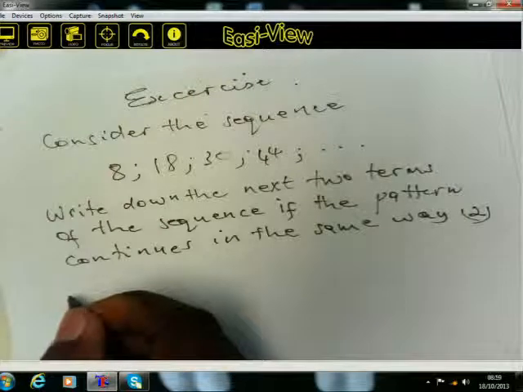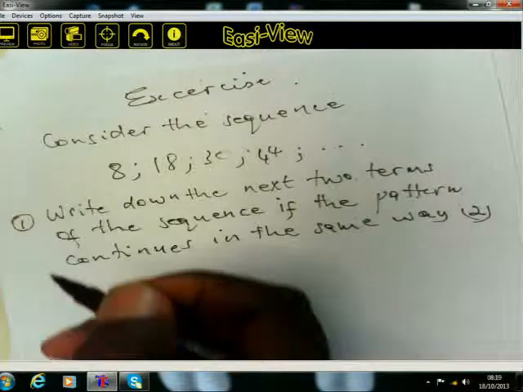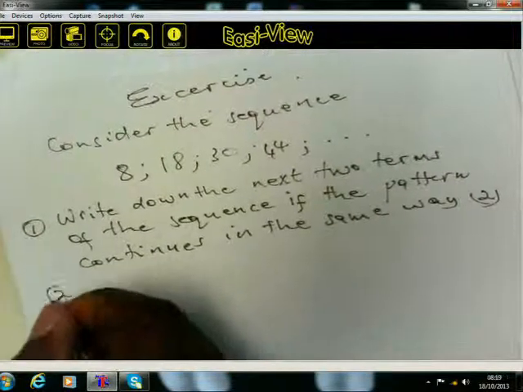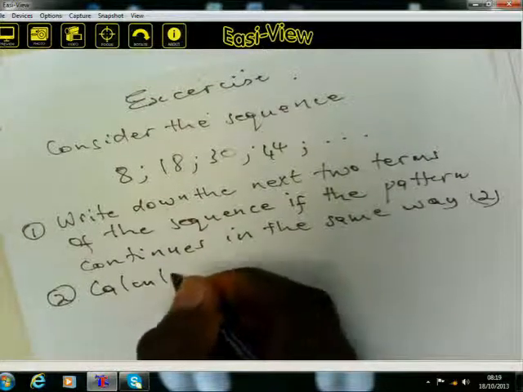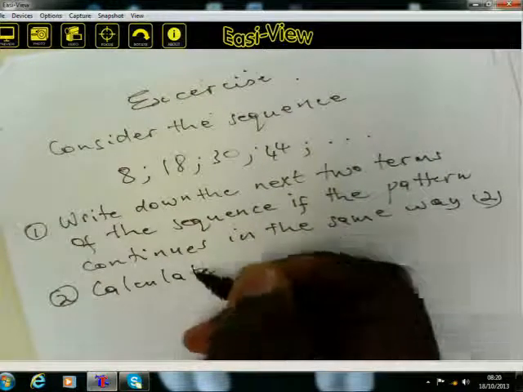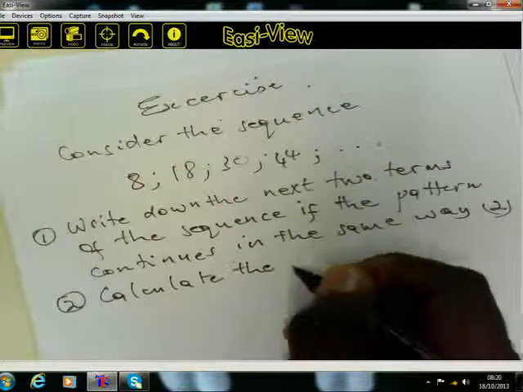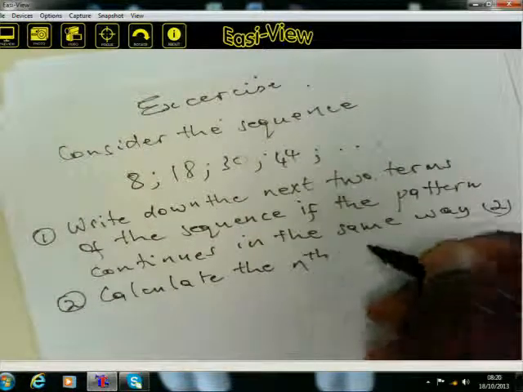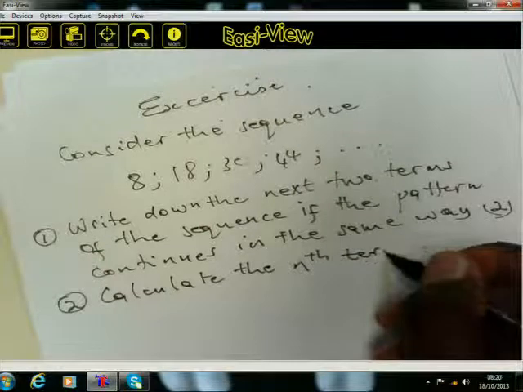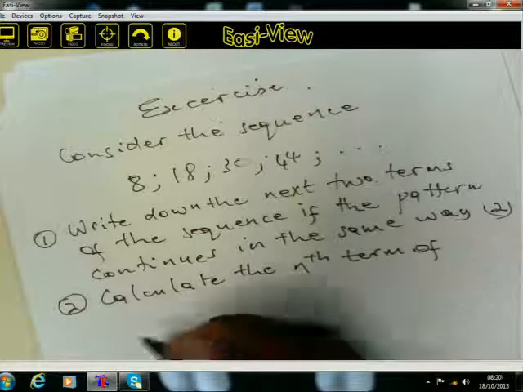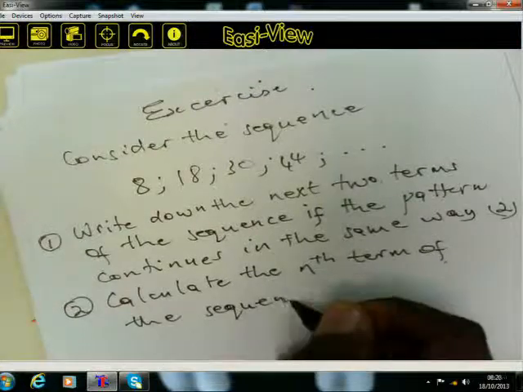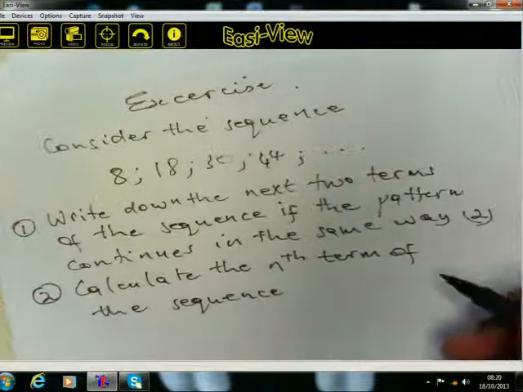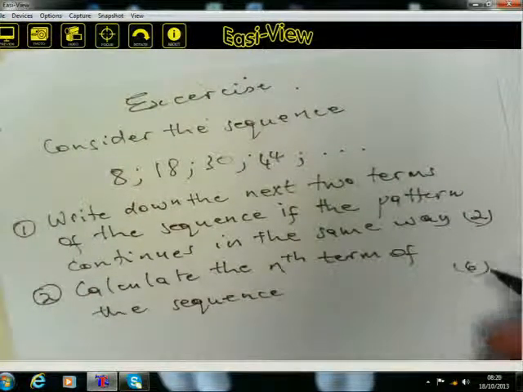Let me say this is 1, another one is 2 here. Then this is where you calculate the nth term of the sequence, and you get 6 marks.